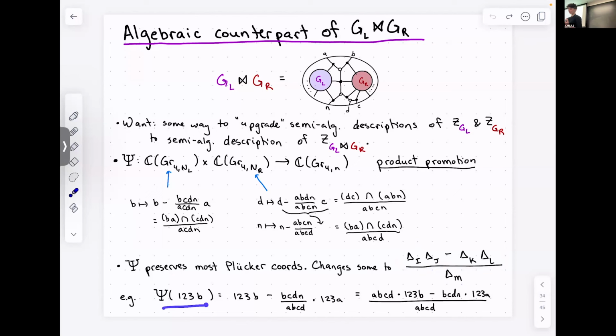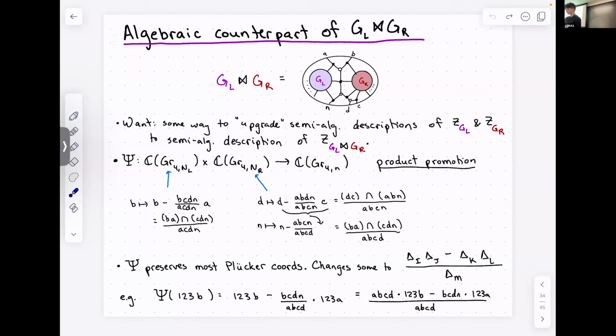So for example, if I'm looking at the Plücker coordinate with indices 1, 2, 3, B, this changes to this expression. And if I simplify, that turns into this. So this is a Plücker times Plücker minus Plücker times Plücker over Plücker. Okay, so that's what the map does.